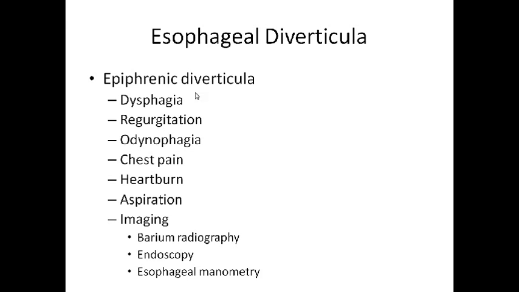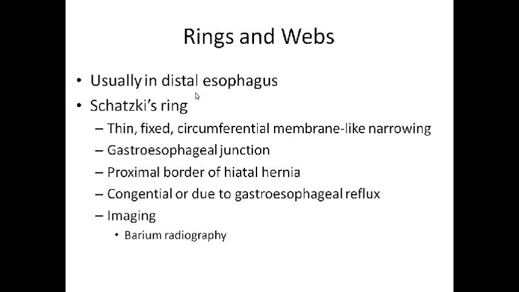Again, barium, direct visualization with endoscopy, and then we talked about the manometry of the esophagus, which will show us the actual contraction of the esophagus. And then other tissues also, as we get into the stomach, we can do that same test for the stomach.